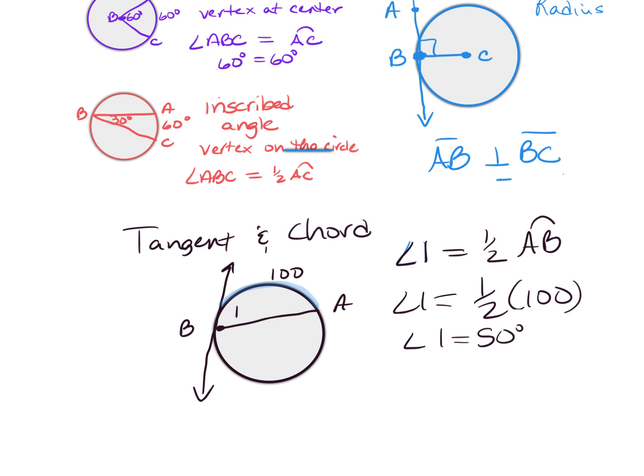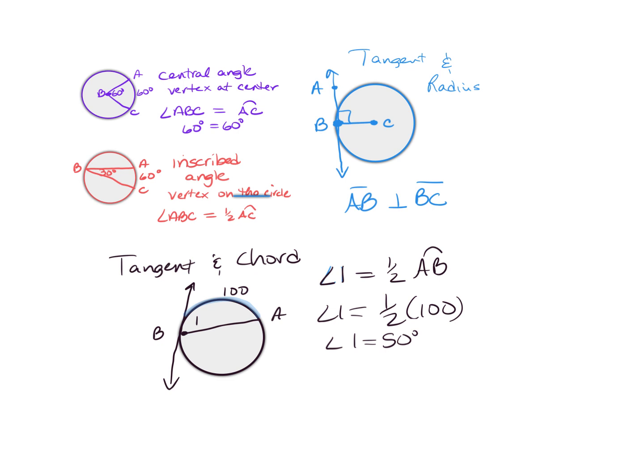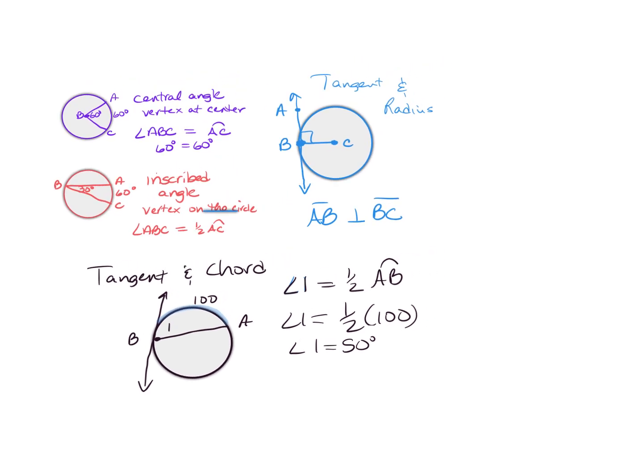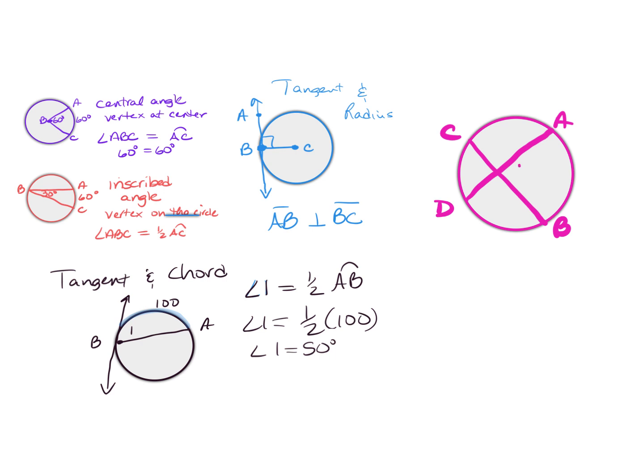Then we also saw today the floating angles. So if I have my circle, and then I draw in 2 chords, C, D, A, B, and I ask you to find the measure of angle 1. So this is the floating angles.